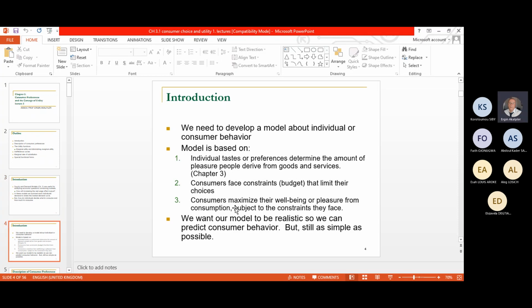We need to develop a model of individual and consumer behavior. The model is based on the individual's tastes and preferences. As you know, consumer preferences depend mostly on the utility function, but utility is directly related to the quantity which is bought and consumed, whether it is sufficient for people's satisfaction or not, and whether they are going to satisfy their utility with the existing conditions.